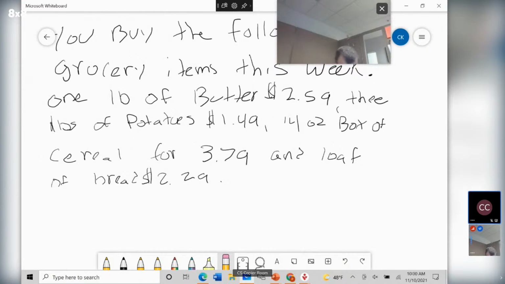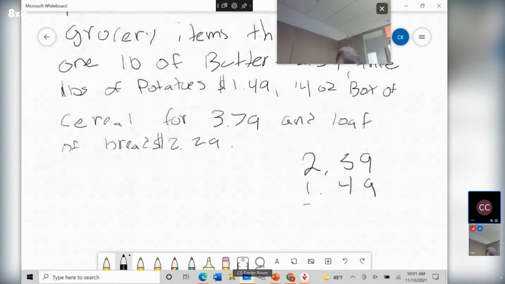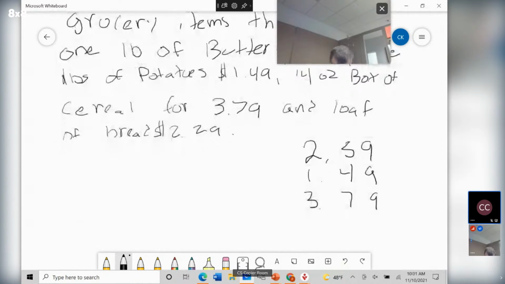So first thing we spent was pound of butter, it's $2.59. Then we spent $1.49 on the potatoes. The cereal was $3.79, and the loaf of bread was $2.29.